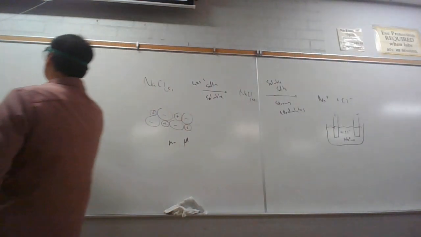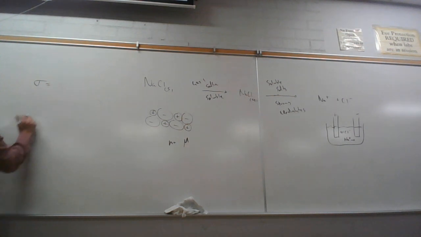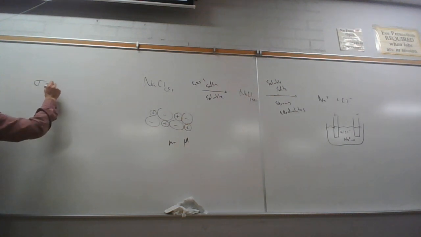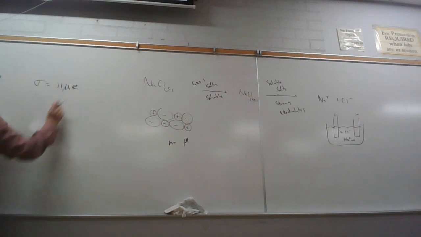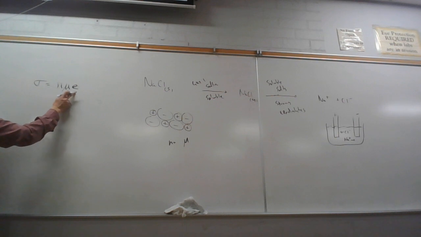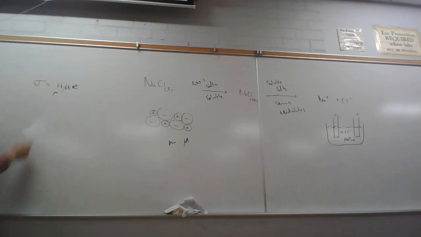And so conductivity is going to depend on N, mu, Z, or E. E and Z are used interchangeably for charge. The number is very low.